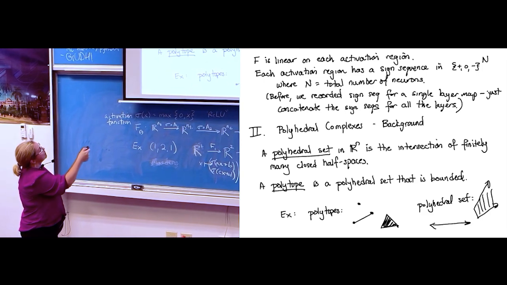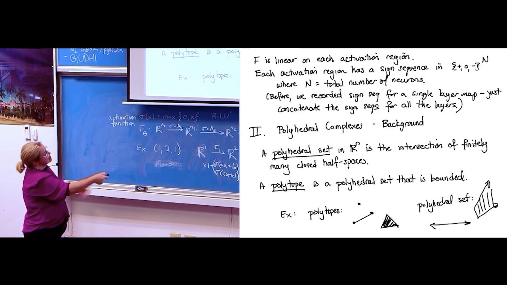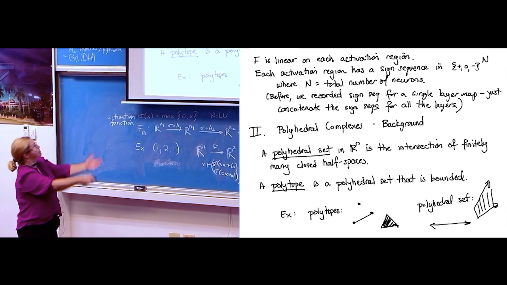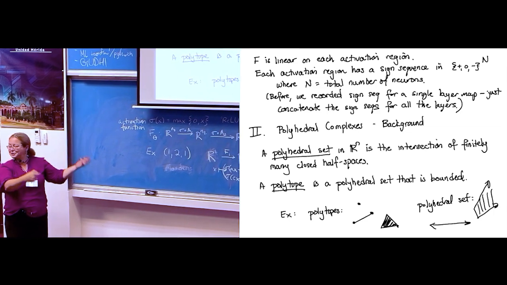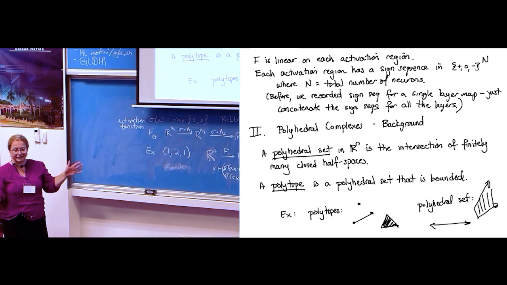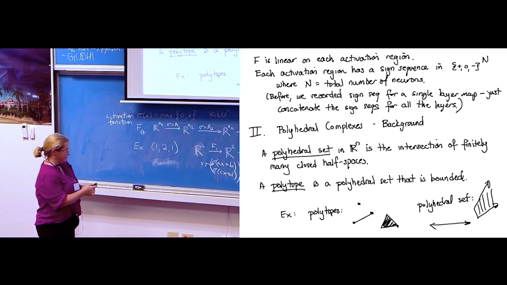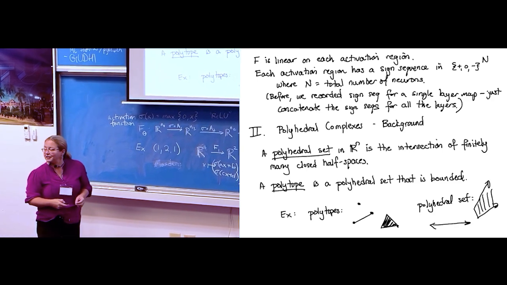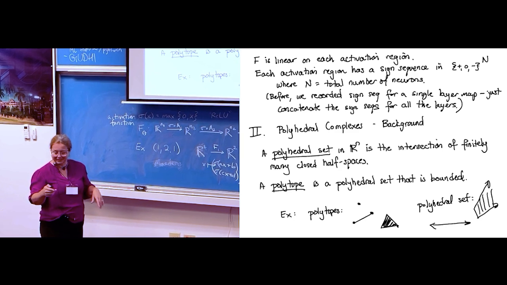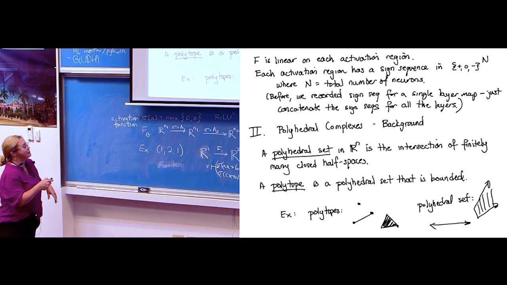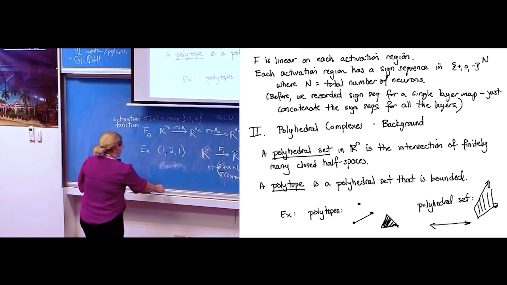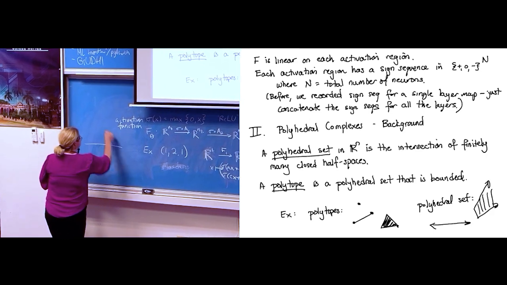In the example I did before, I recorded the sign sequence for just a single layer, but when you pull everything all the way back, you can record the sign sequence with respect to every single neuron.